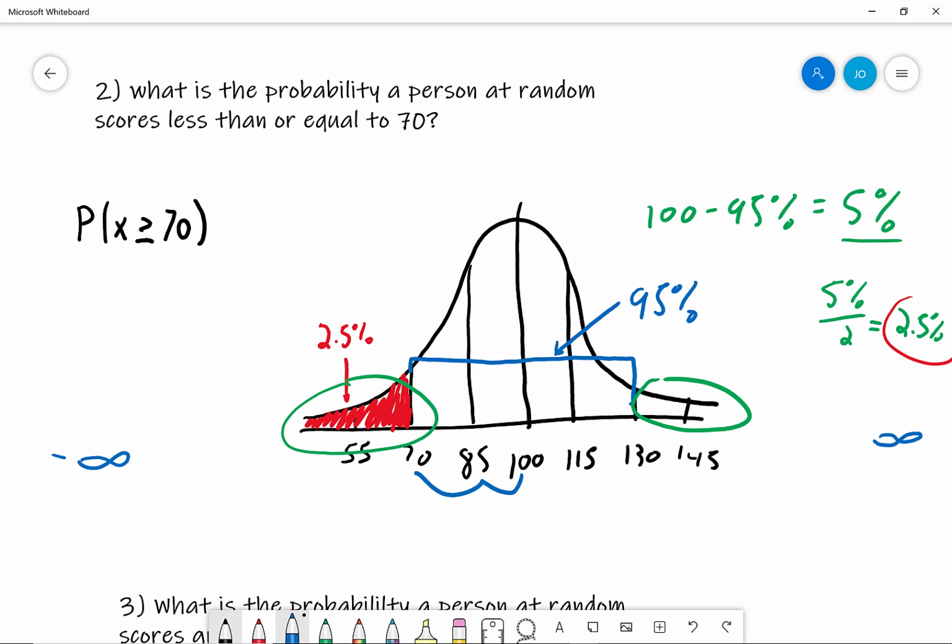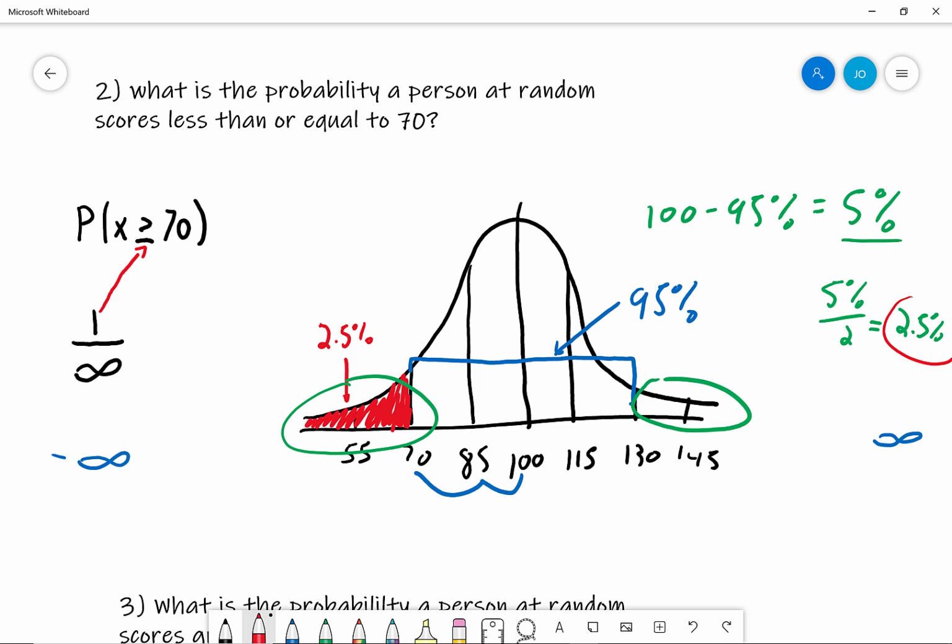So there are an infinite amount of possibilities in our data set, in our distribution. Even though there's not an infinite amount of IQ scores, we're using this infinite distribution to estimate these things. And what we're trying to find is the likelihood of obtaining one specific outcome. Specifically, the value of exactly 70.